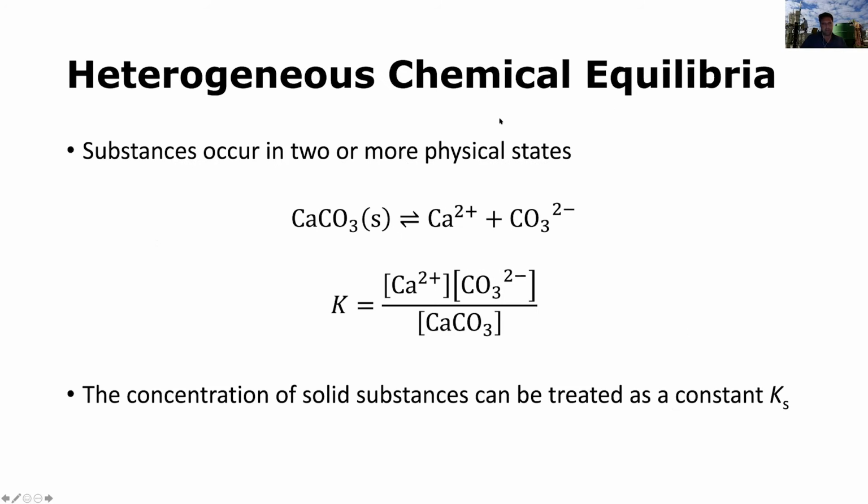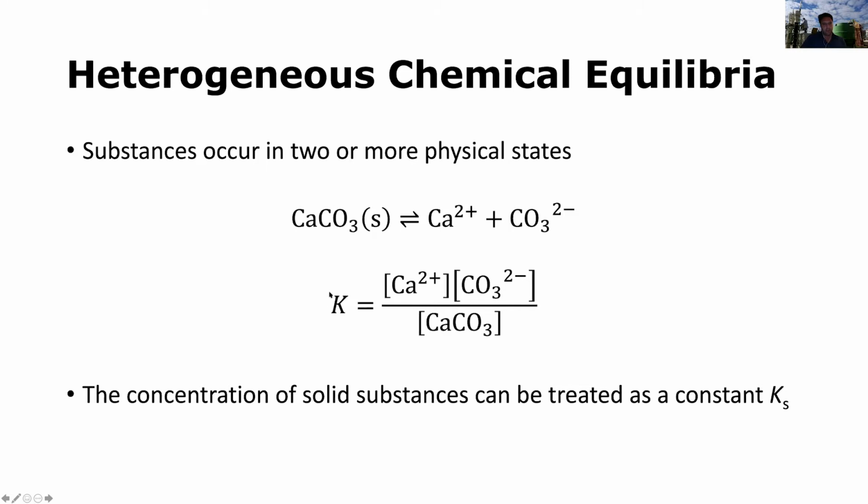Heterogeneous chemical equilibrium refers to a situation where you have substances occurring in two or more physical states. So an example here would be the dissolution of calcium carbonate into calcium ion and carbonate ion. And so calcium carbonate being a substance that is present in the solid form and that dissolves into dissolved ionic species, calcium and carbonate.